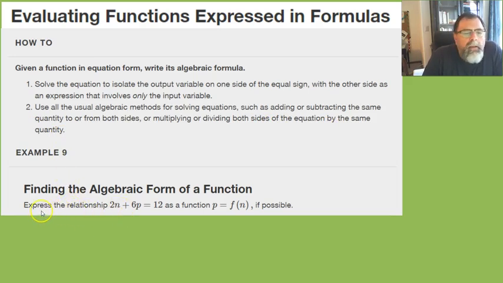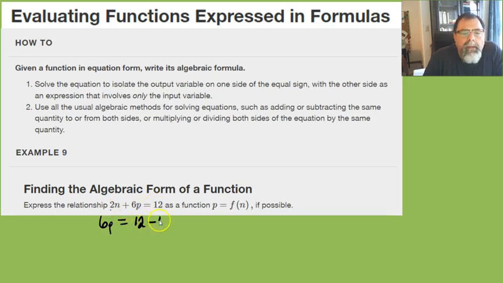So basically your techniques for solving equations, properties of equality. Example 9: express the relationship 2n plus 6p equals 12 as a function p equals f of n if possible. So we want to get p all by itself. Our first step is we're going to get rid of the 2n. If you do the shortcut, you're going to subtract 2n from both sides, so it goes to the other side and the sign changes.